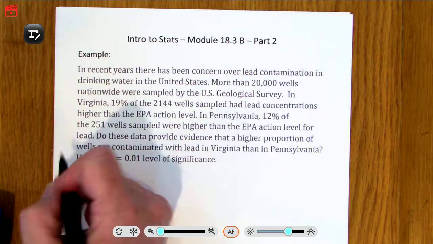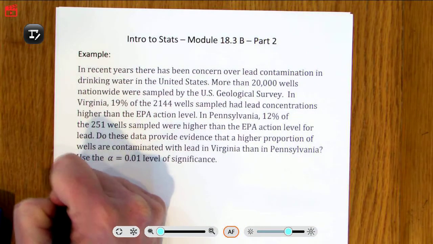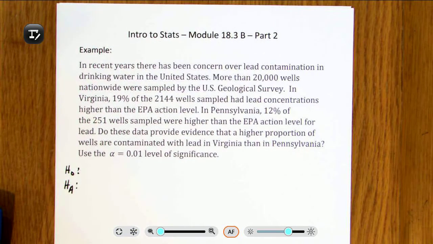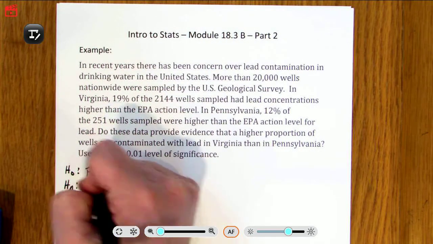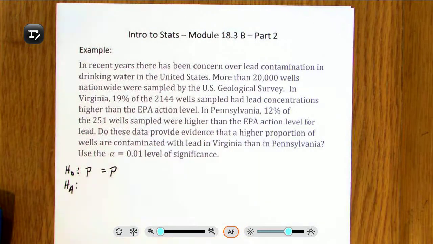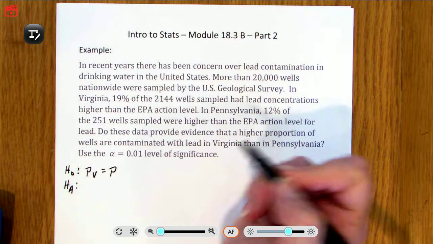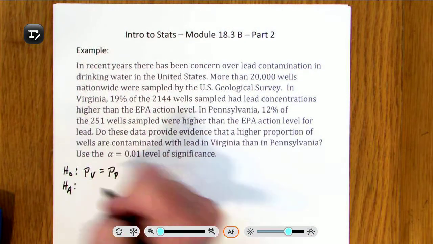Okay, so first step always is to write our hypotheses. So we do start with them being equal, and we will do Virginia, yeah, Virginia came first, and then Pennsylvania. So pV, pP.